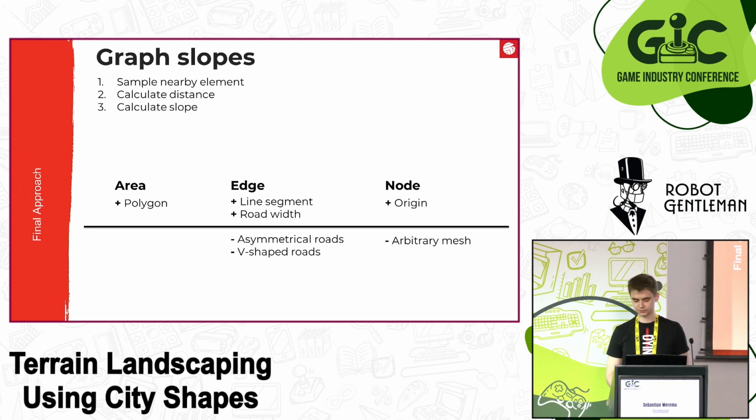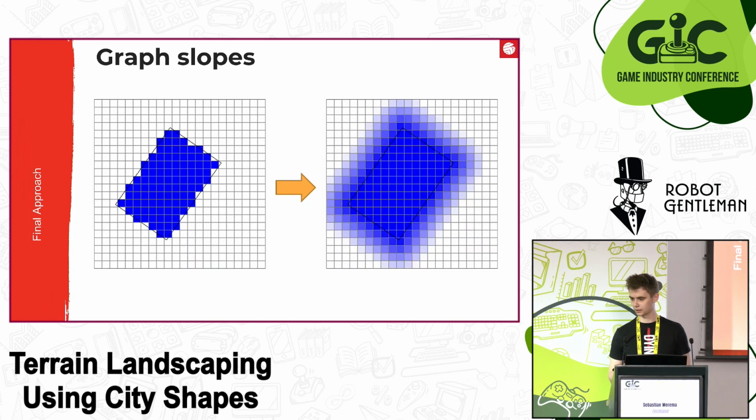For once, we can just focus on what we have and forget about the problems, right? So to the left side here, we see a picture that is very similar to before, only this time, instead of rasterizing a road, what we do is for each heightmap pixel, we calculate the distance to the edge, and if that distance is lower than the road width, then it's set to the road height.